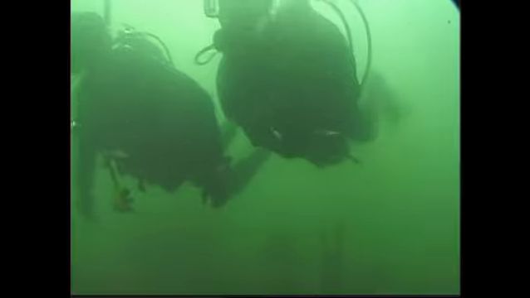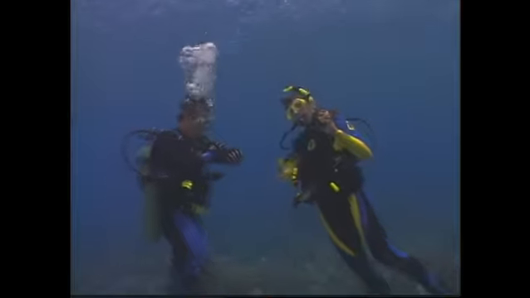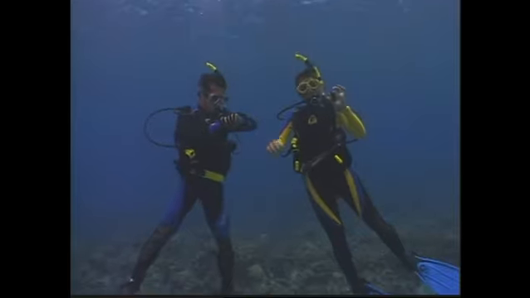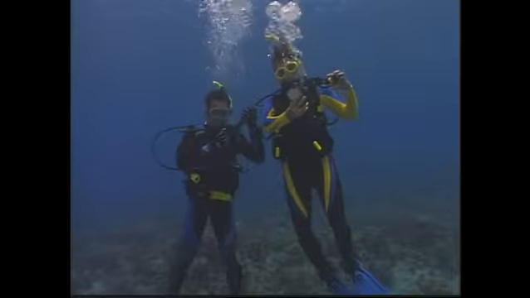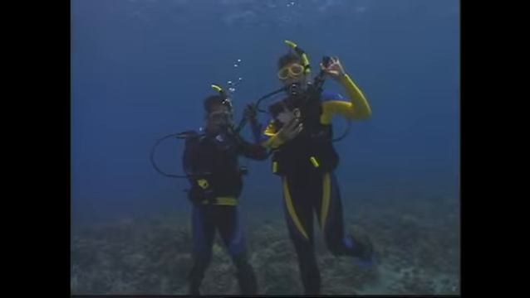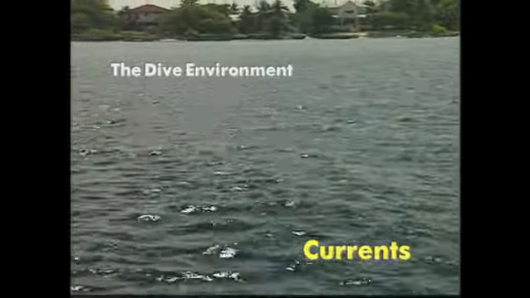If it's real lousy, it may be better to pull the plug and do something else. Diving's supposed to be fun. Clear water can disorient you too. The bottom might seem closer than it is, so check your computer or depth gauge frequently to avoid exceeding your planned depth.